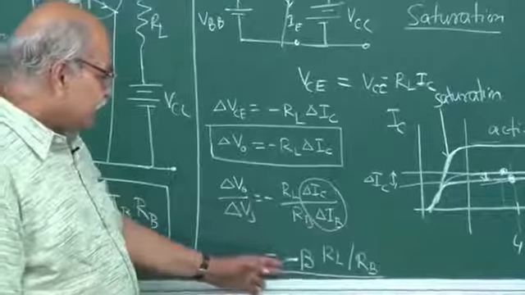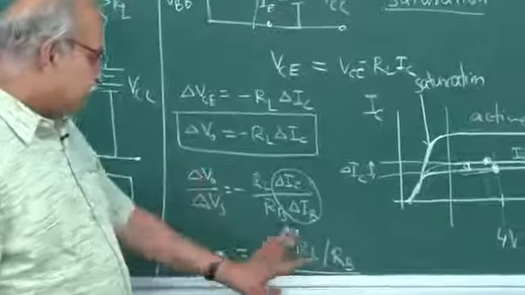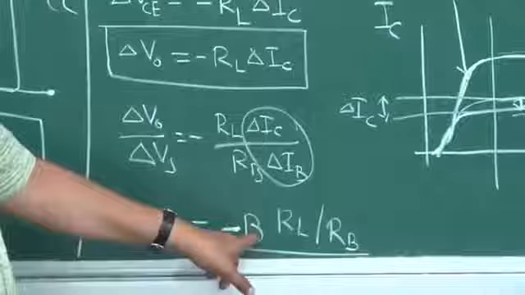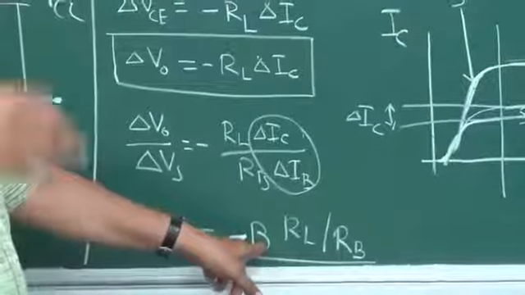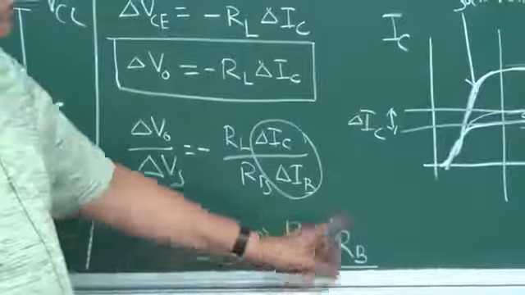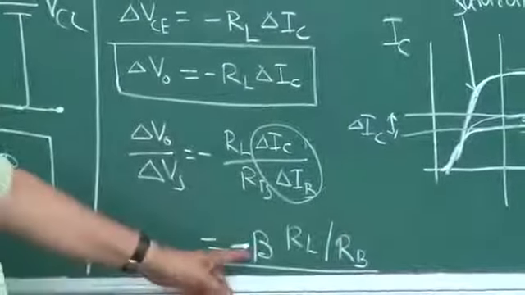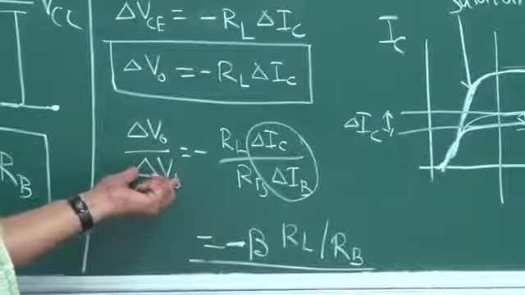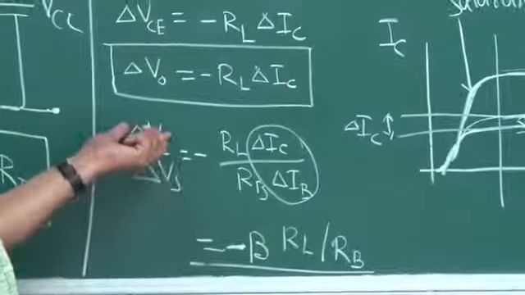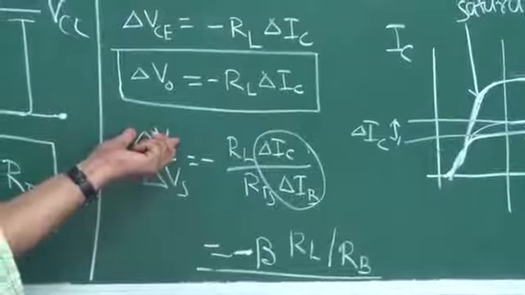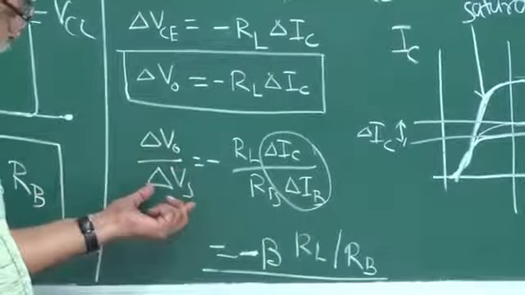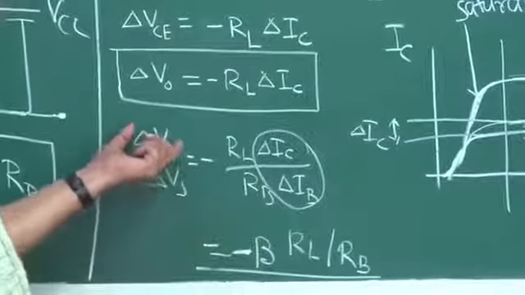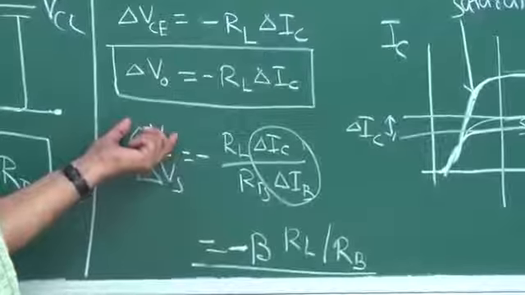It tells me that amplification is there, the magnitude is increasing because this beta can be 100, 200, etc., and then this is a fixed ratio. But minus tells you that if the signal voltage increases, then the output voltage decreases, and if the signal voltage decreases, then the output voltage increases.